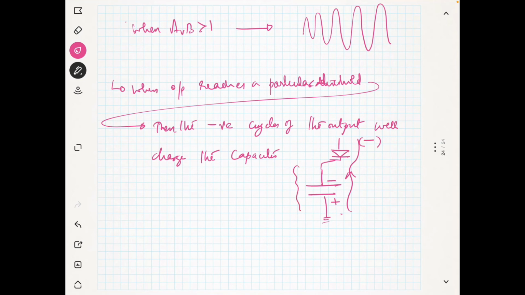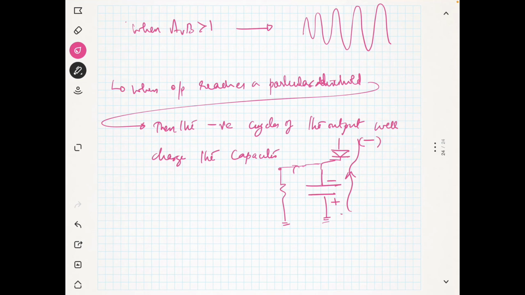So you are actually now getting a voltage, and there is a resistor here. Why are you connecting a resistor? If you don't connect the resistor, the capacitor will discharge immediately. So you have to maintain some voltage across the capacitor. If you don't connect the resistor, the capacitor will charge towards a very high voltage.